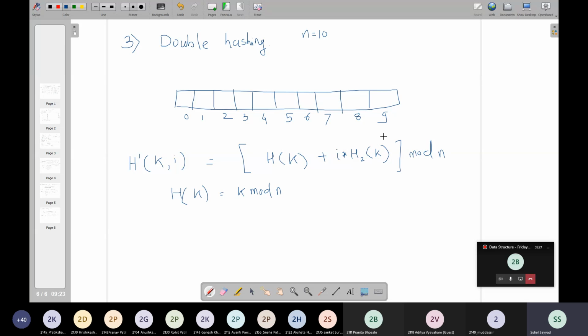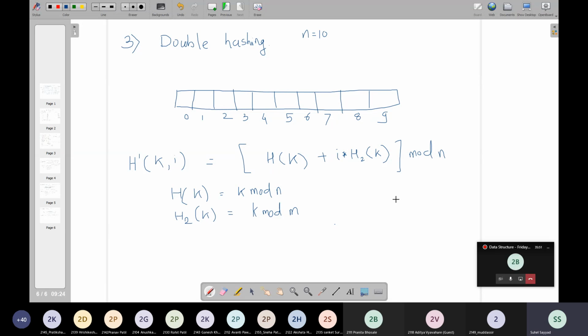So this is the second hash function, and that's why this technique is called as double hashing. H2 is another hash function on the same key value, but it may be a different hash function. So I call this hash function as some k mod m.